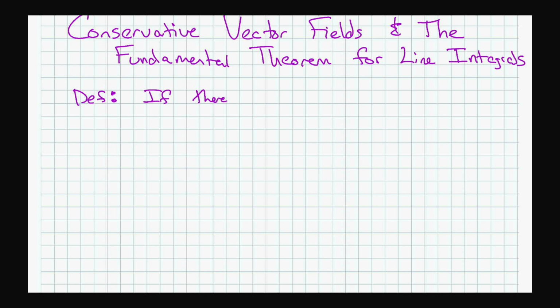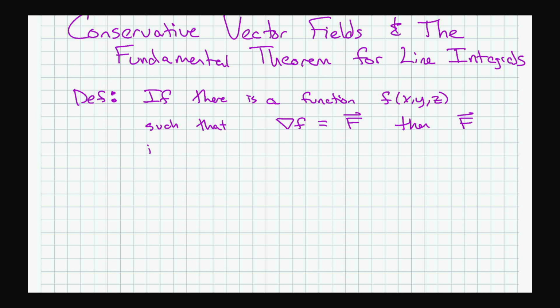If there is a little function f of x, y, z, such that the gradient of f equals capital F, then capital F is called a conservative vector field.